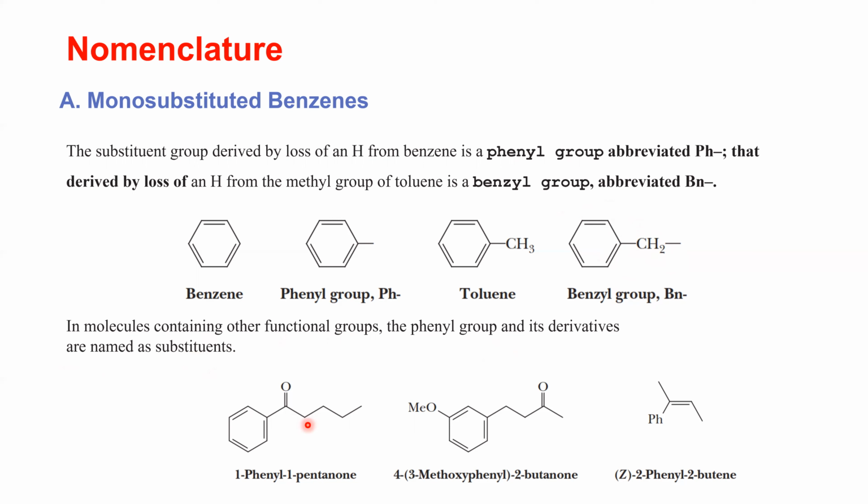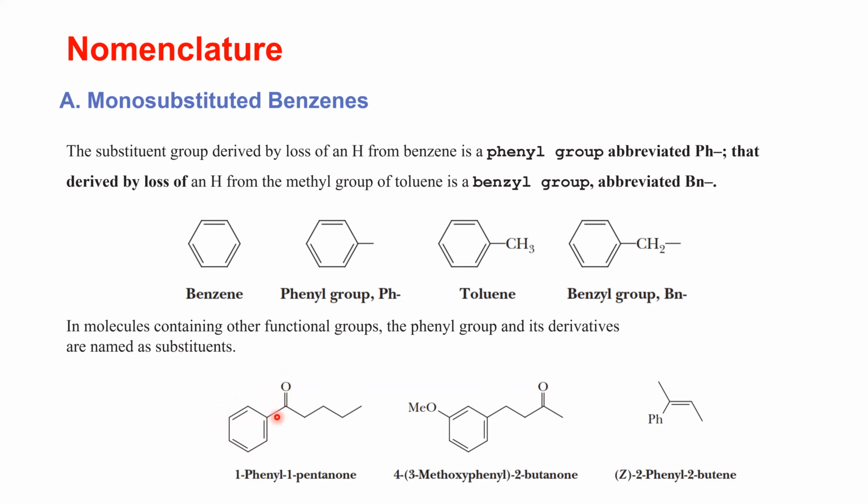Here you can see a 5-membered aliphatic chain, and there is the aromatic ring. Which do we give preference? Obviously we go for the major functional group, and that is this carbonyl. So you have to mention phenyl as a prefix, and we write 1-phenyl because this is the first carbon to which it is attached.